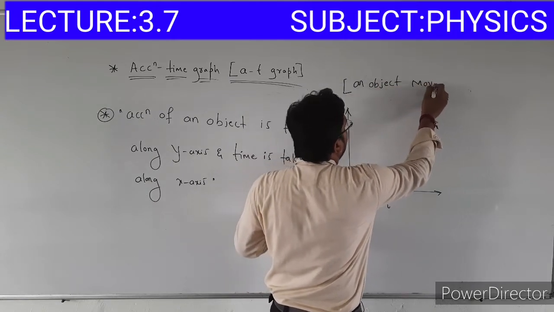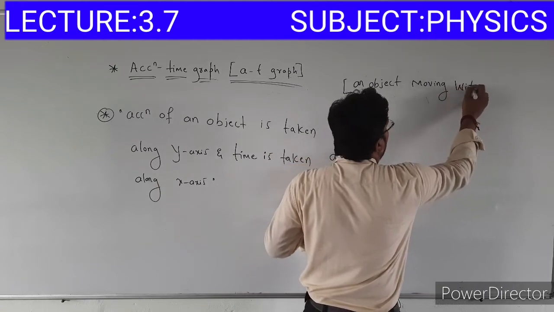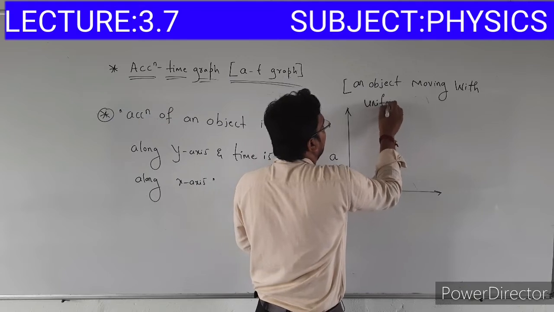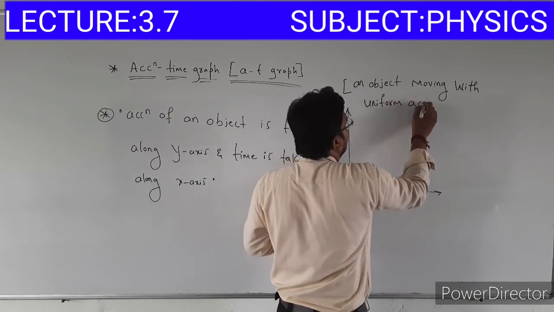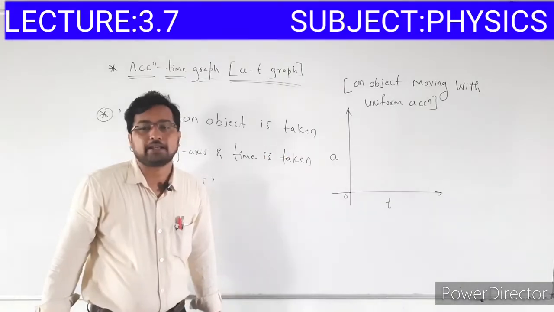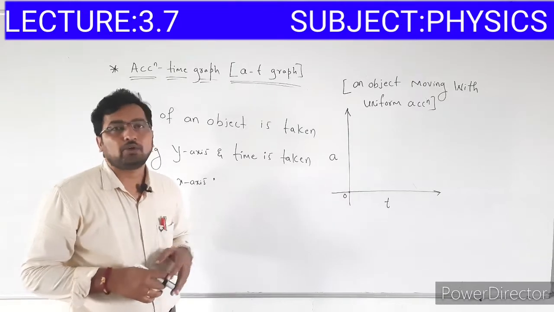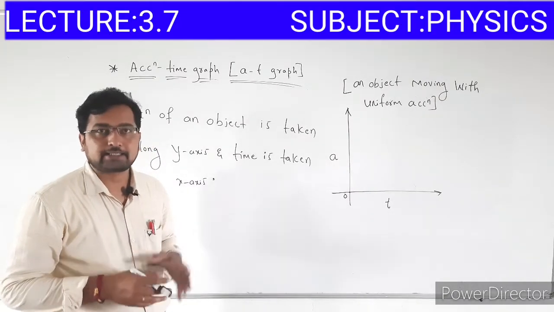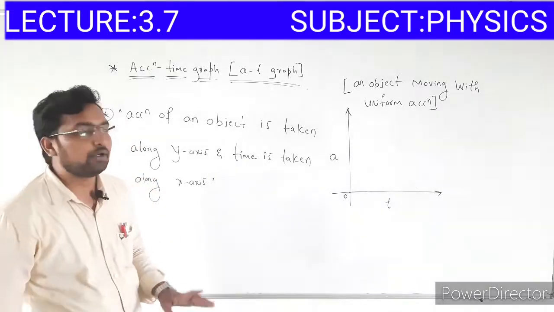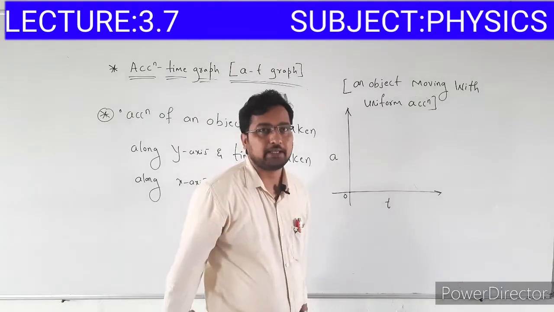First of all, what do we mean by uniform acceleration? Uniform acceleration means the magnitude and the direction of the acceleration at any point is constant during its motion. So that is known as uniform acceleration.